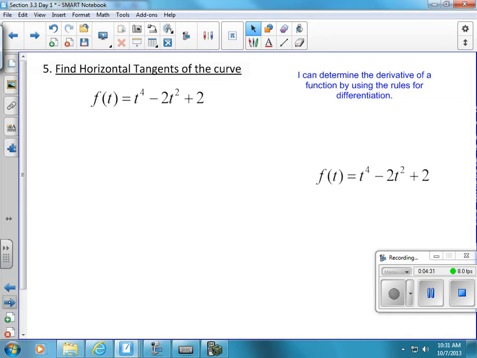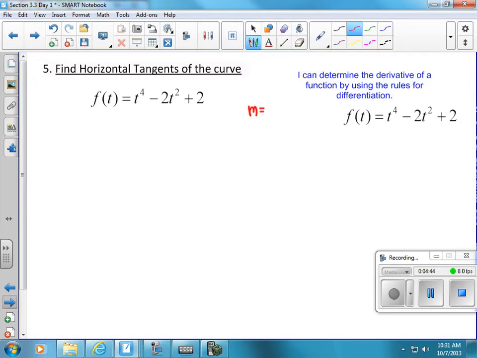Next, we have horizontal tangents of a curve. Remember, when the derivative equals 0, we have a horizontal tangent. So we're looking for places where m equals 0, which is where the derivative equals 0. Let's take the derivative first using our newfound rules, instead of using the difference quotient or the other derivative definitions.